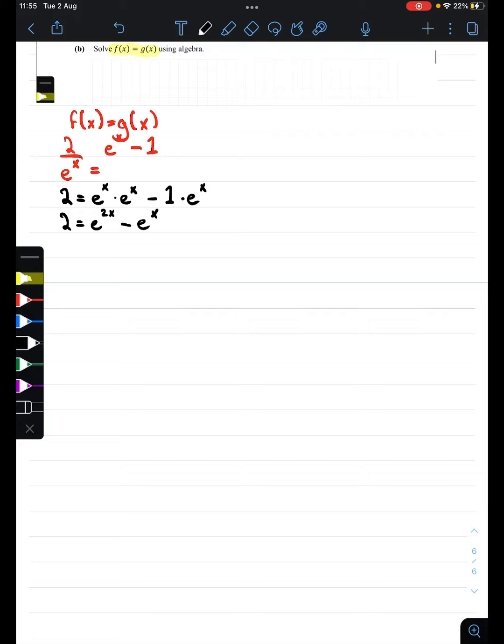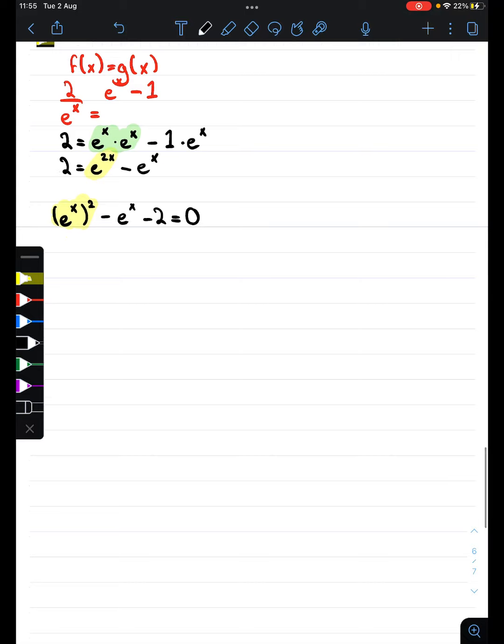If we bring the 2 over, then we get e to the x squared minus e to the x minus 2 equals 0. Because remembering our laws of exponents, this is equal to this. And actually, you can see it straight away by just looking at this part. We've got e to the x by e to the x, so that's just e to the x squared.